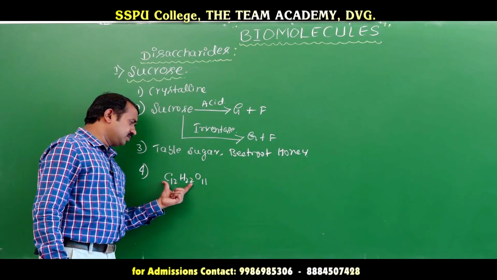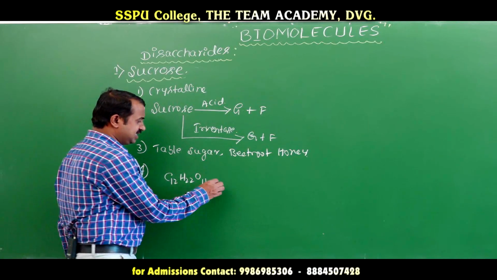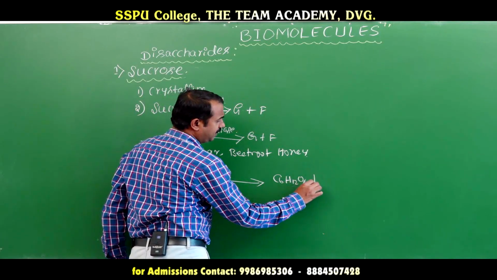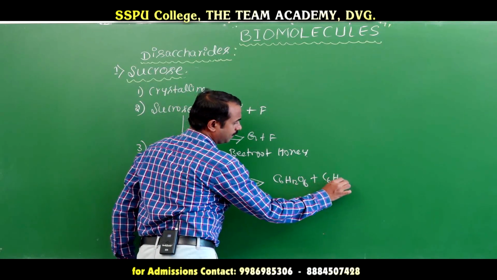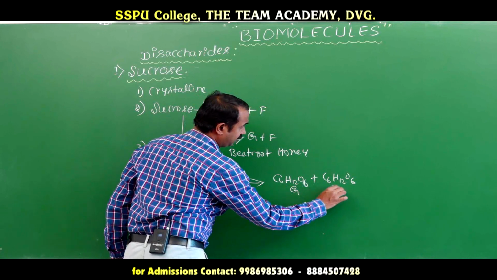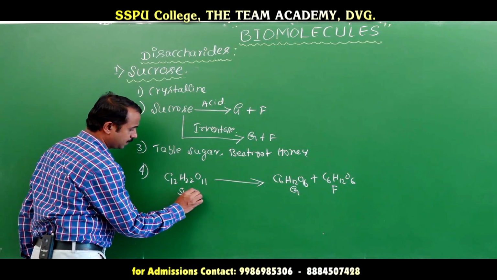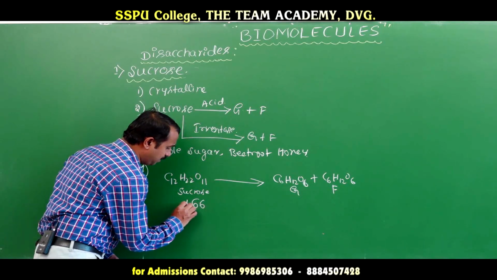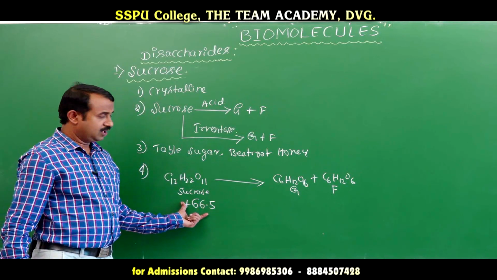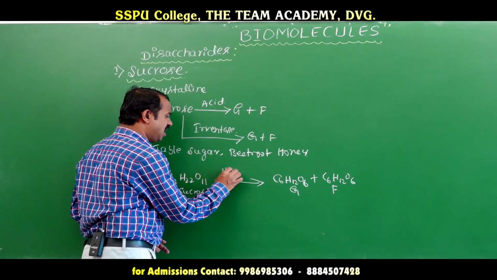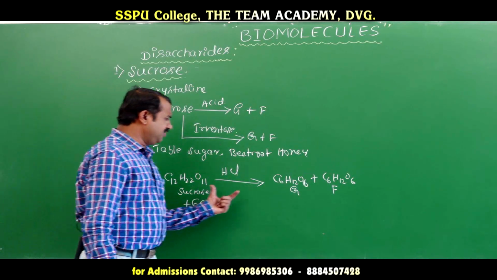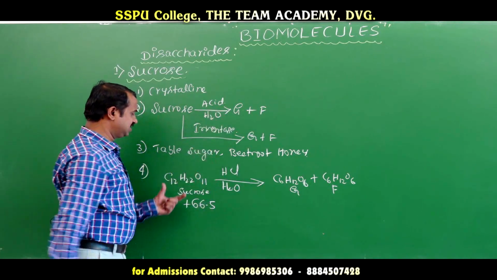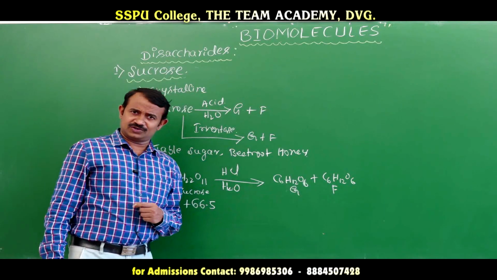It is dextrorotatory, with a rotation of +66.5 degrees, and undergoes hydrolysis to form glucose and fructose, in the presence of acid or an enzyme, with water.